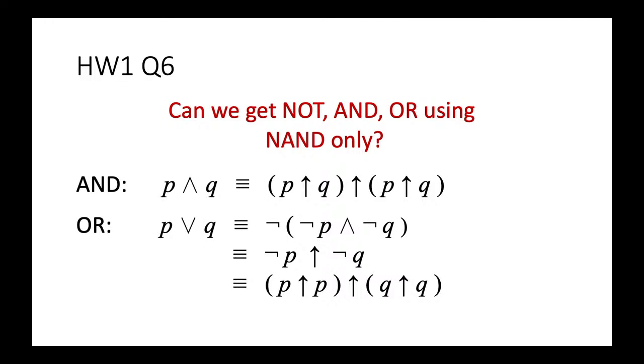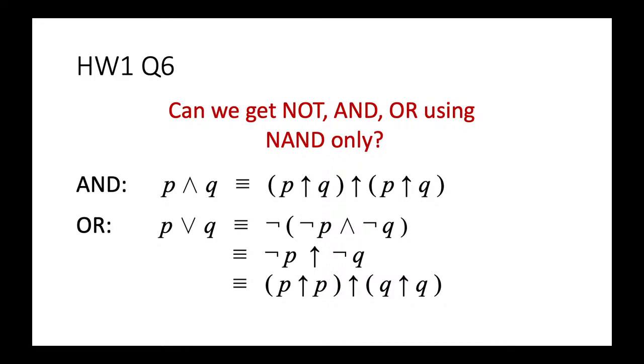Then we can design an electronic circuit that can do logic performance for any types of decision, any types of logical expression. So we call NAND a complete operator, because it can completely describe any types of Boolean expression.